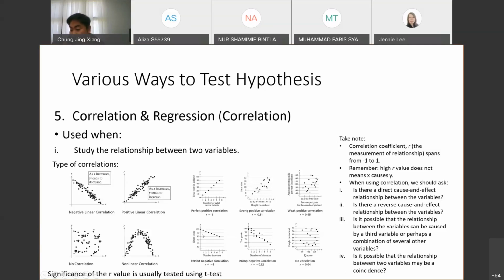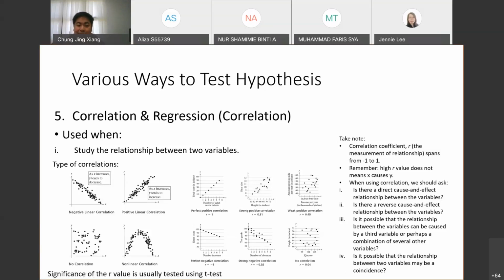So when you have 1, everyone is in the straight line. Everyone follows the line. When you have a little bit of deviation from 1 or -1, you can see the points start to scatter around. So this tells us the strength of the relationship.